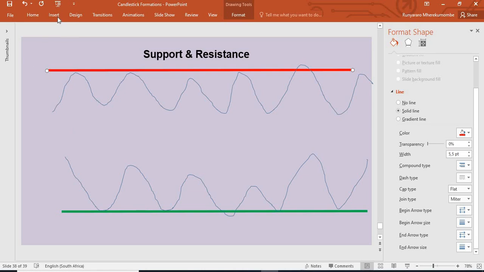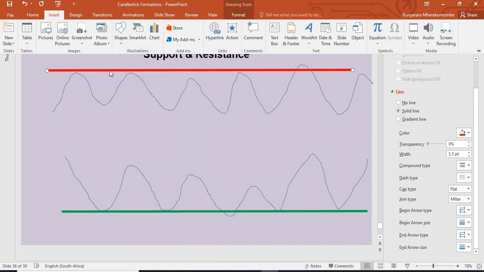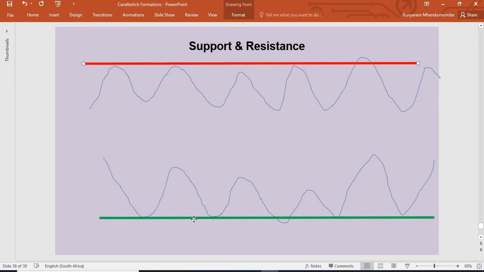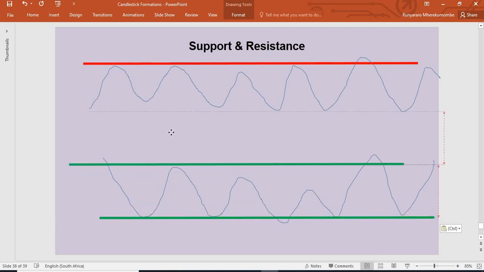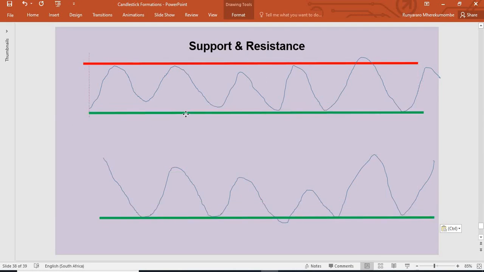So now what we can also see here is that once we have got resistance and support, we can actually improvise. So if this was a support line, and we are looking at this as a resistance line, then we can draw another line here and say that's the support line.